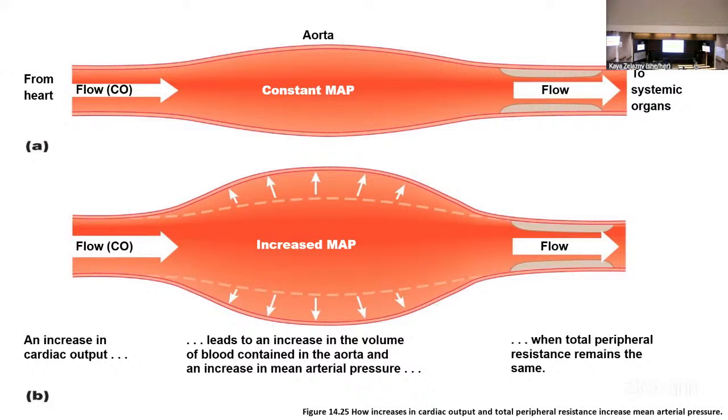So we see increases in pressure increasing how much we stretch. If we allow it to flow around, we would get more flow out to the blood, but we're limited based on this cardiac output. So if we leave total peripheral resistance the same, we're just going to see that pressure building up here in the aorta.